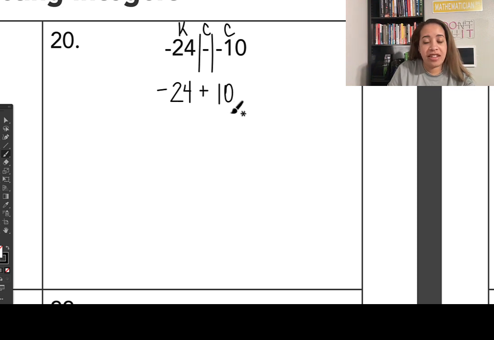So we say different signs subtract. 24 minus 10 gives us 14. And then we check the sign on our final answer by going back to our addition problem and looking at the higher absolute value. Our higher absolute value is negative, so our final answer will also be negative. Negative 24 minus negative 10 gives us negative 14.